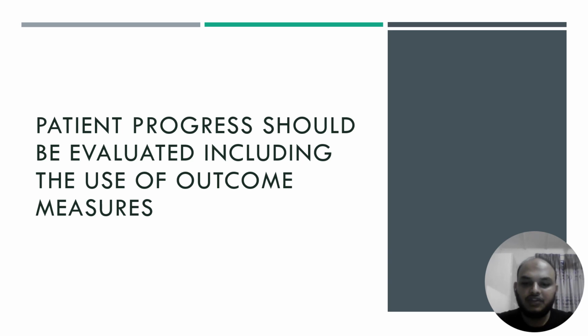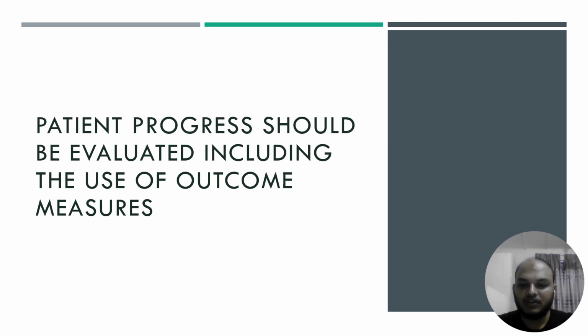And during the diagnosis, during the assessment procedure, we should always be using outcome measures to identify our patient's progress. Like for example, we can take multiple examples. So we are seeing a knee osteoarthritis patient who complains of knee pain for the past 1 week. We assess him. We do a thorough assessment.